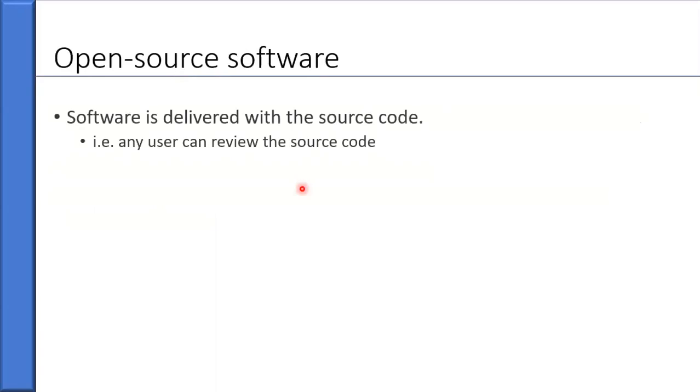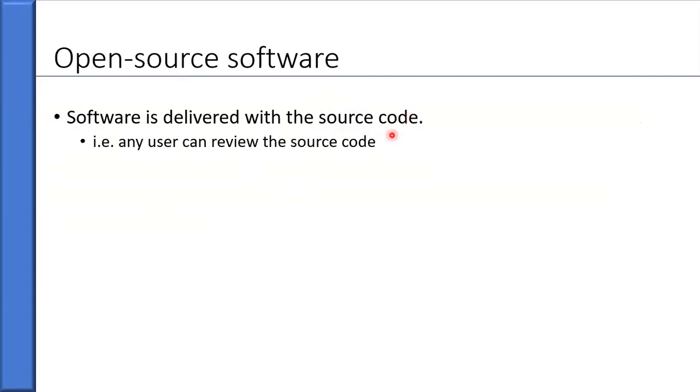Open source software. Now, this software is developed with the source code. So I am not speaking about this being free. Open source software means the source code. The source code means the program is written using Java, Python, C Sharp, or whatever programming language, or R or Ruby, whatever.